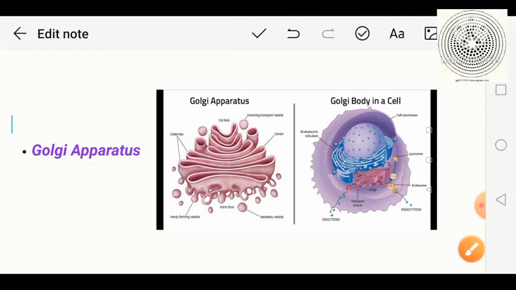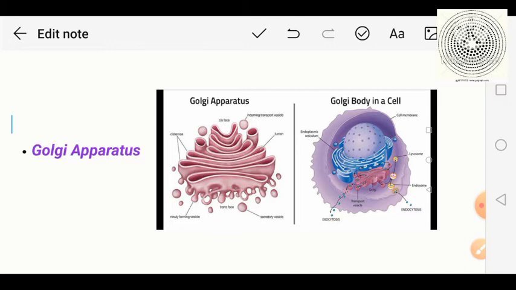Now this Golgi complex, when we look at the eukaryotic cell, within a eukaryotic cell there are different compartments found, and these are membrane bound compartments. So the Golgi complex is one of the compartments present inside the eukaryotic cell.